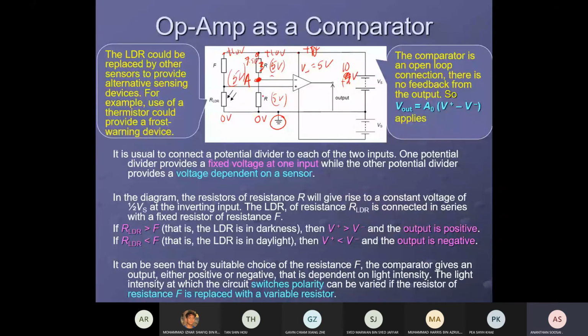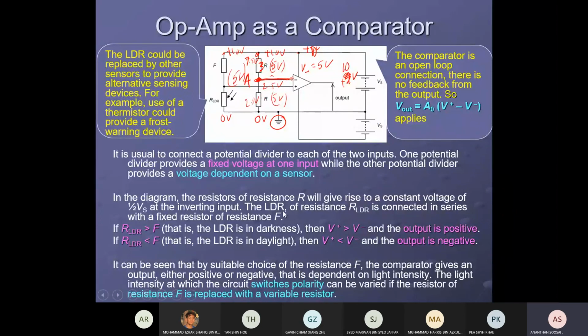What is the voltage of the R at the bottom? 2.5 volt, right? What is the voltage at A? 7.5 or 2.5? 2.5 volt. It will take the bottom resistance voltage. So remember, voltage at the junction input is always the voltage of the bottom resistance. So A is 2.5.